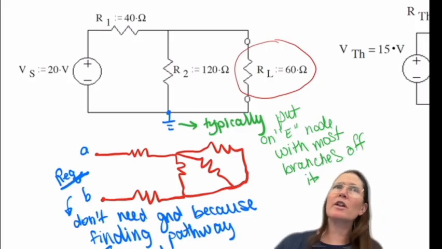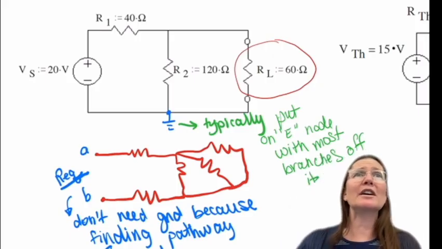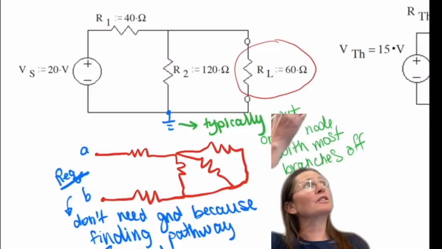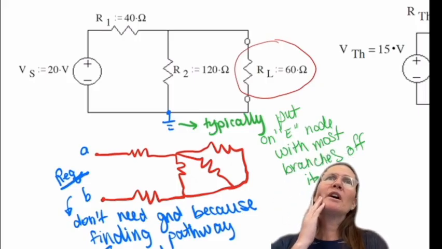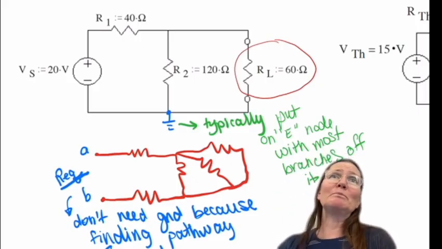So if you're putting it on the node that has the most branches on it, you would have the option: there are 3 branches on the top node and 3 on the bottom. I like mine visually on the bottom, so I picked it on the bottom.